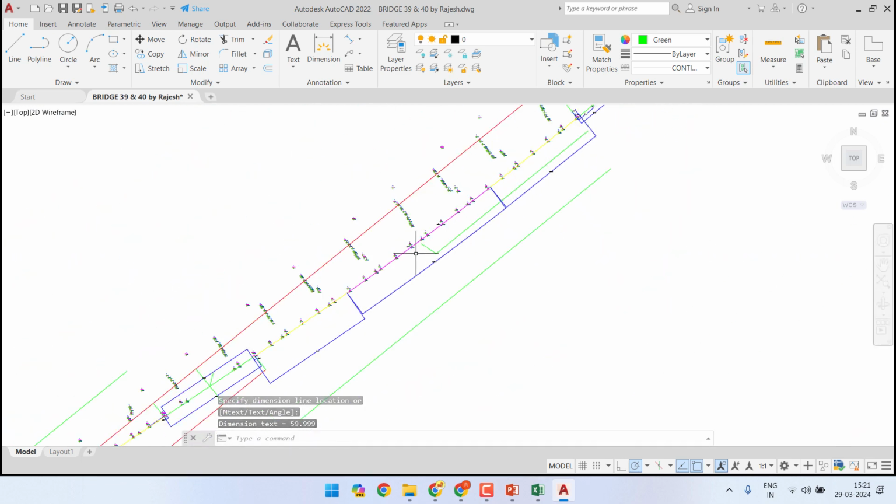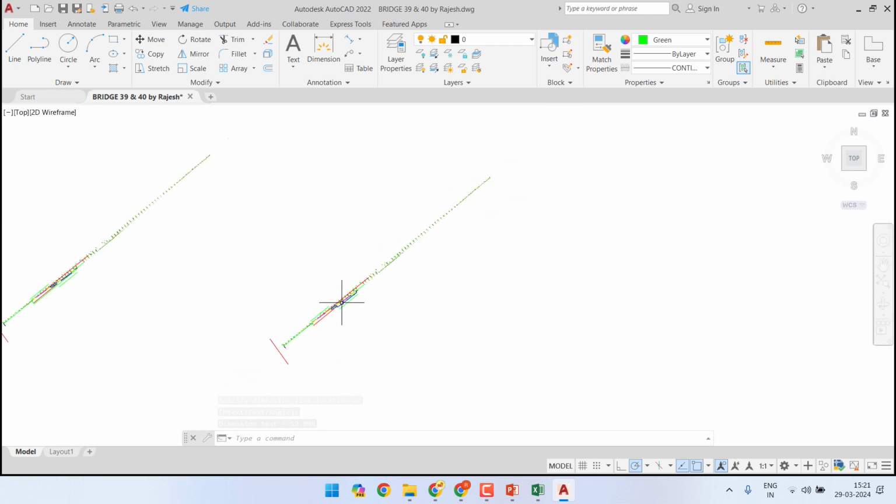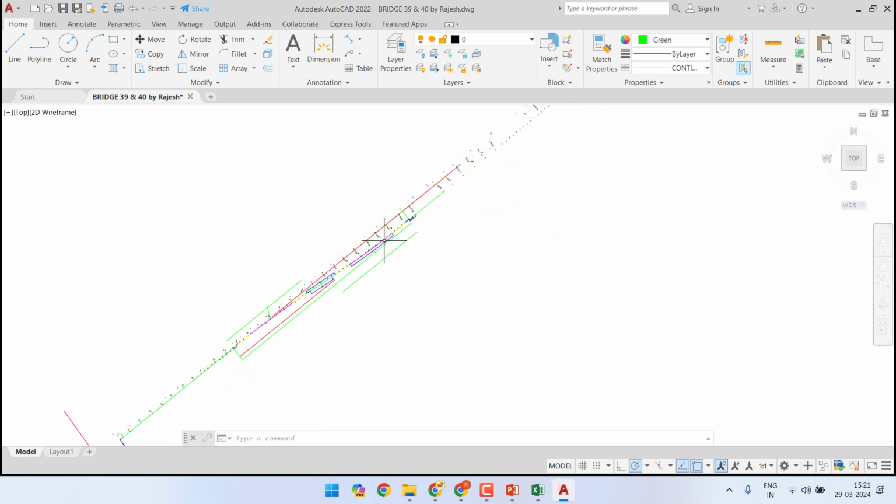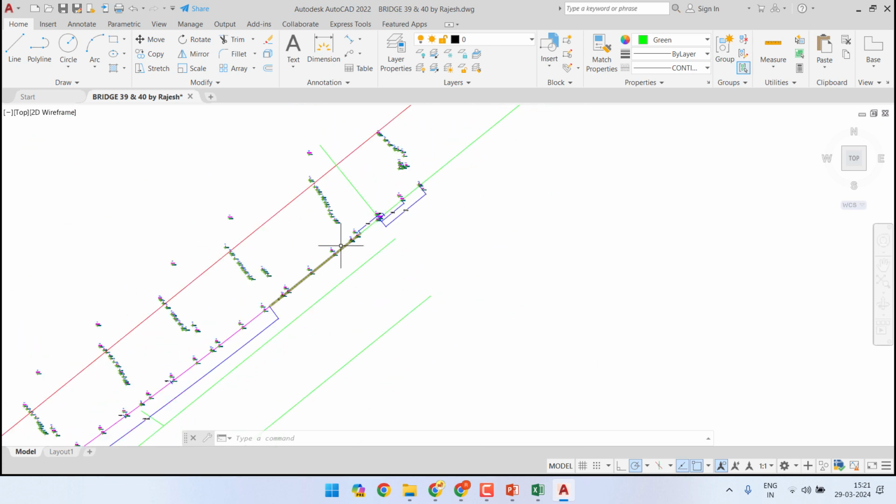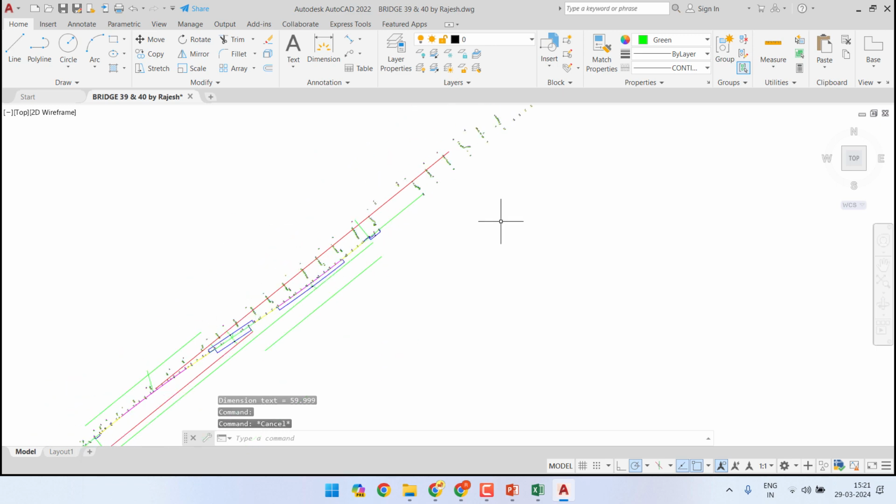So you see, we have again redrawn. First time we had drawn using the same parameters as available in our TMS, that is 40 meters length of transition both sides, and overall length of the curve was 210 meters. When we drew it, we found that the overall length of the curve was 195 meters against 210 meters.